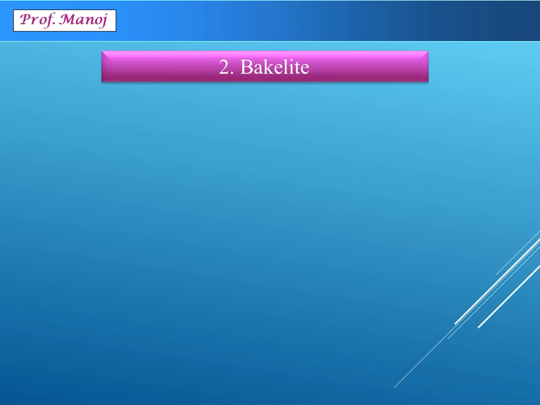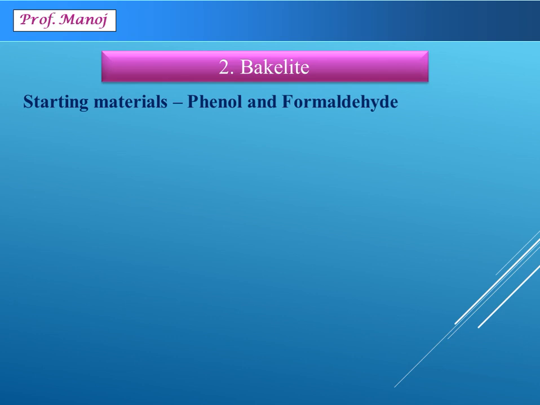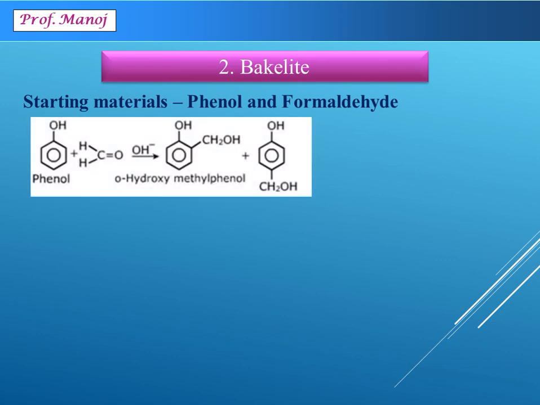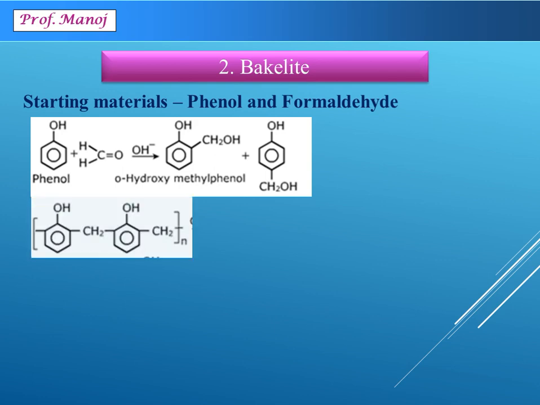The second type of polymer is bakelite. This is also obtained from phenol and formaldehyde. Now if you see, the first step of the synthesis is same as Novolac. Phenol and formaldehyde first produce either orthohydroxymethyl phenol or parahydroxymethyl phenol.